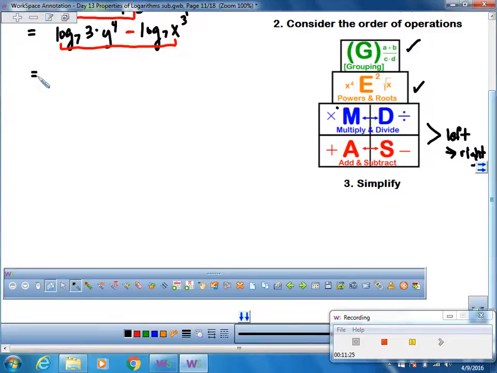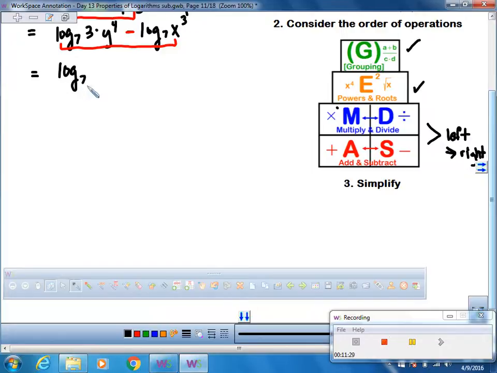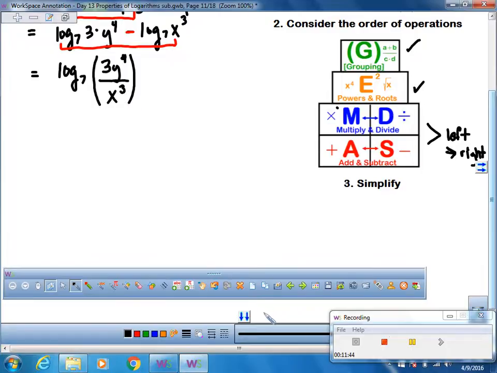So I have equals log base 7. Now I'm going to make a quotient. I've got 3y to the 4th, and we're going to divide that by x cubed. And there's my single logarithm.